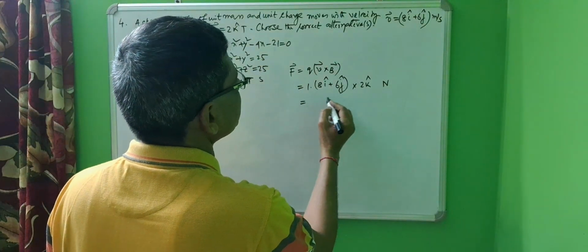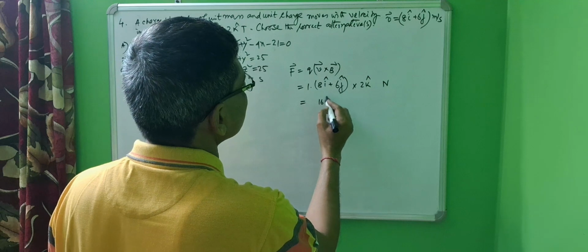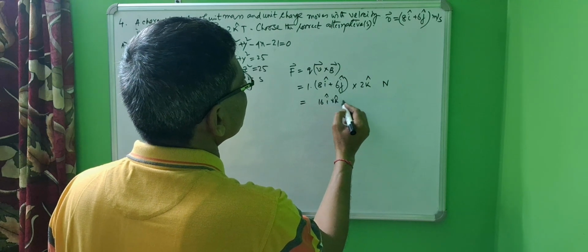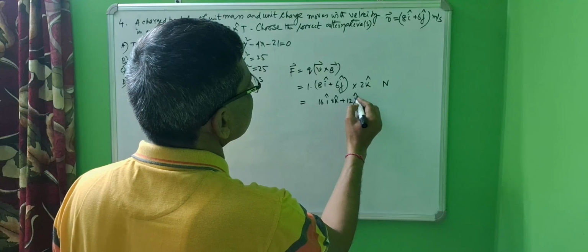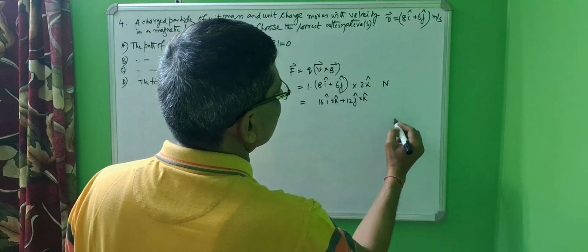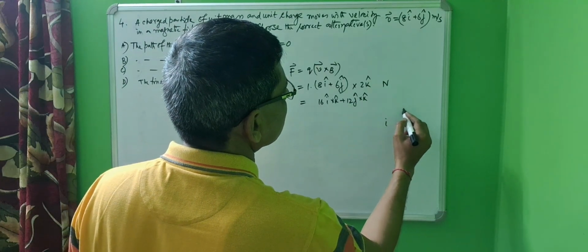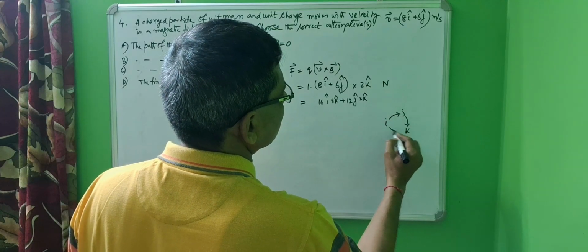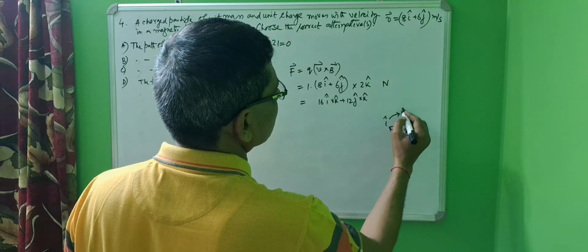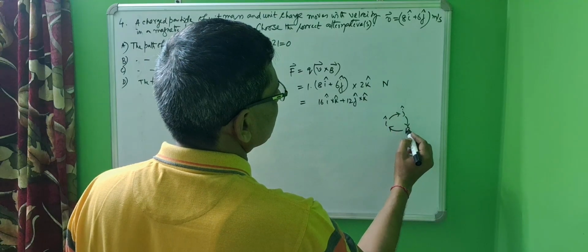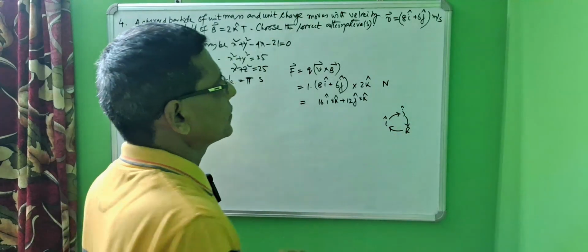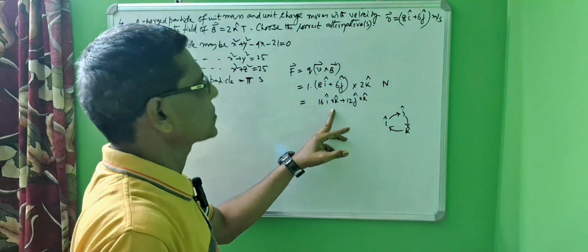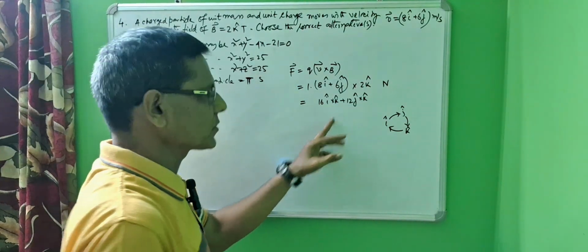So afterwards we get, from this triad we can find the sign plus or minus.